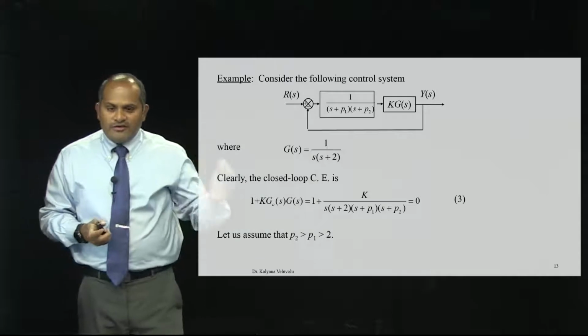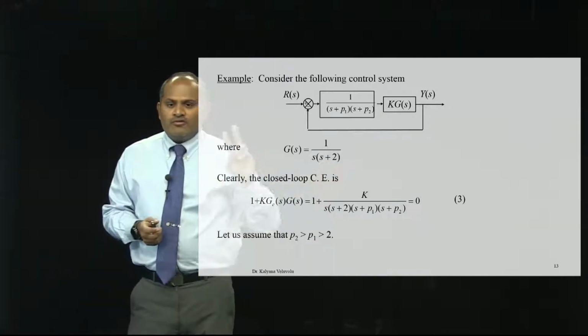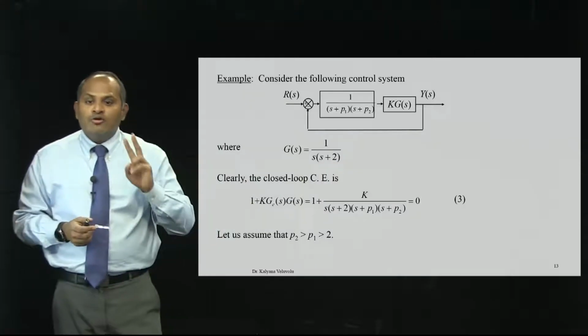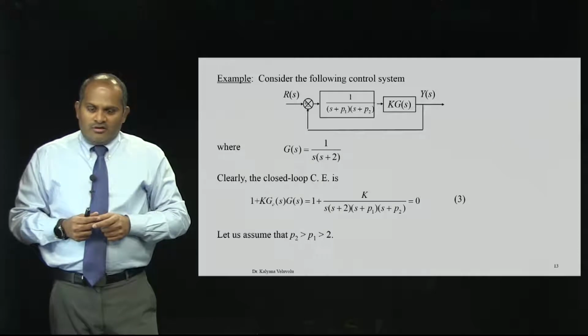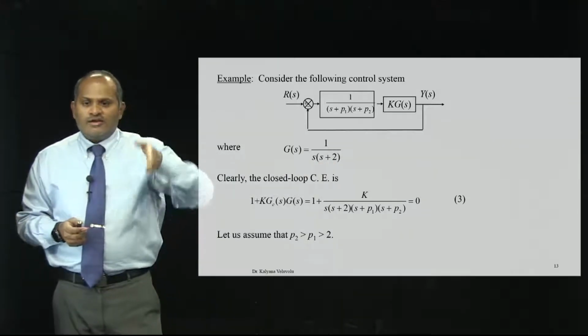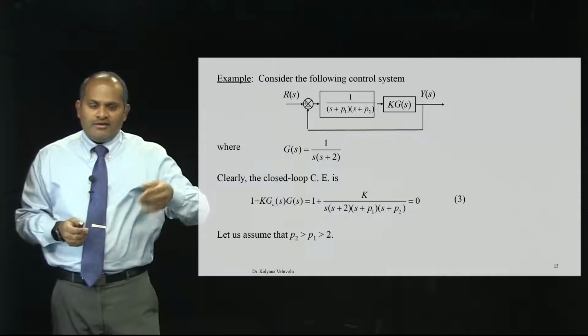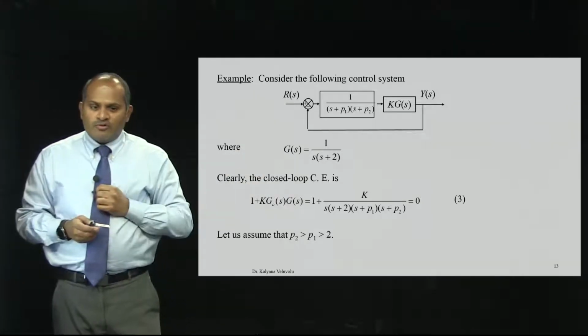Now, let us take a new example. In this example, instead of 1 pole, I am adding 2 poles. So, what happens when you add 2 poles? The original system has 2 poles, giving 90, minus 90, and then I add 2 extra poles, so they become a total of 4 poles.